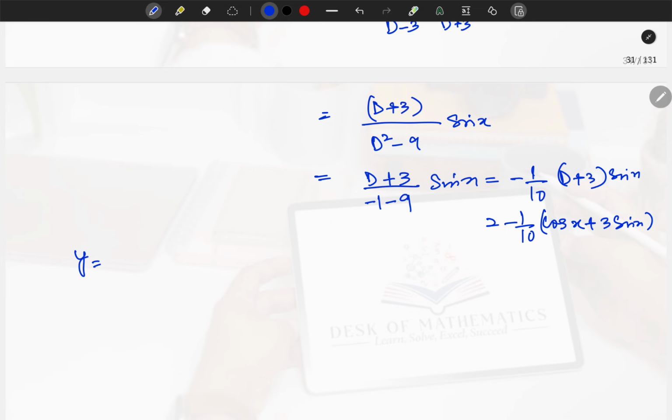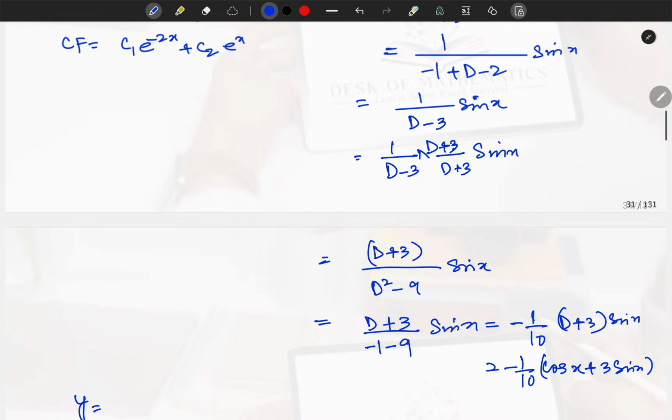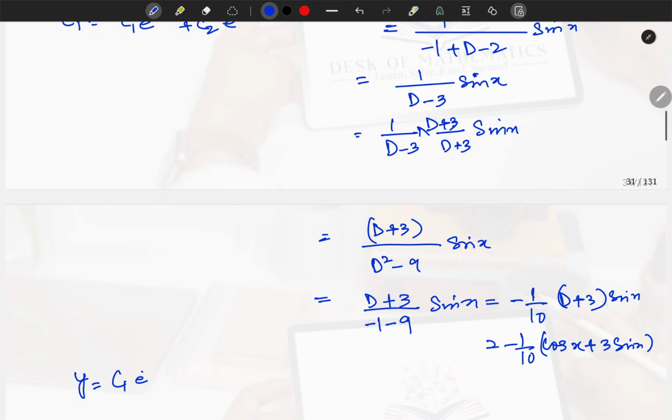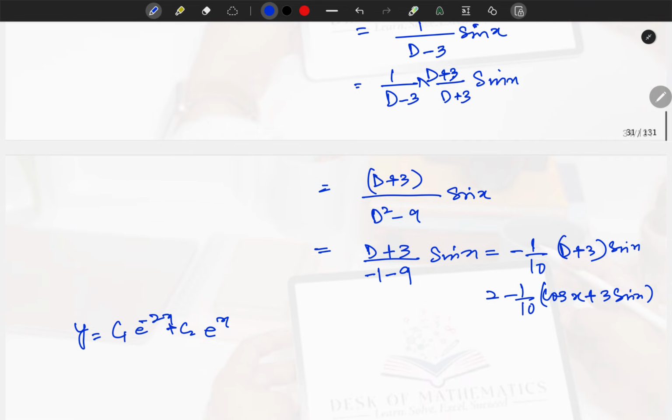So your solution is the complementary function c1 e raised to the power minus 2x plus c2 e raised to the power x, and your particular integral, that's minus 1 by 10 cos of x plus 3 sine of x, is the solution.